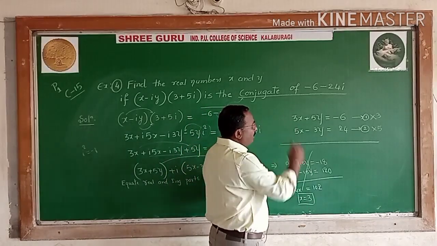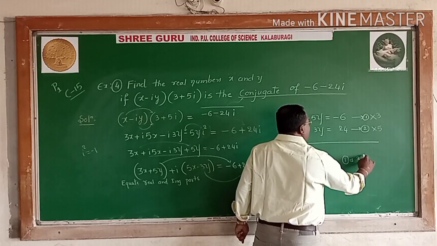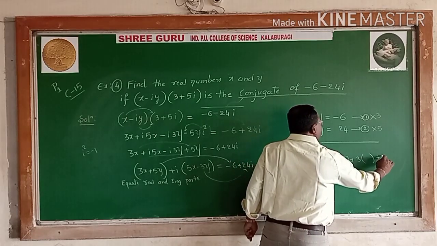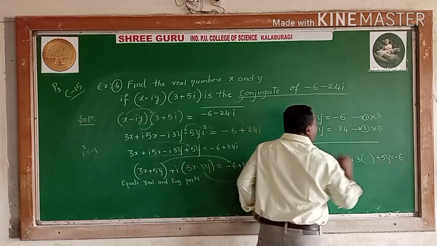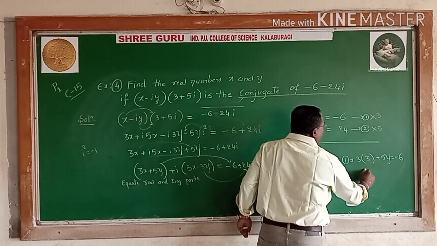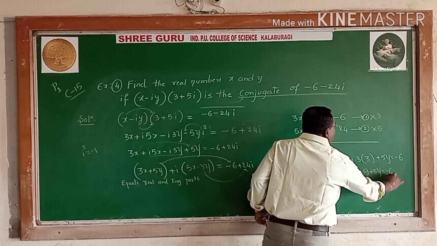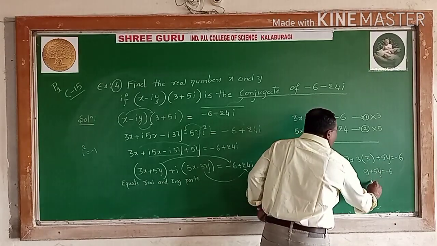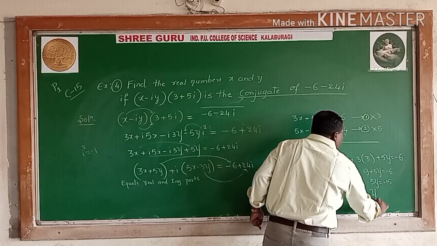Substitute the x value in any one of the equations. Equation 1 implies 3 times x value plus 5y is equal to minus 6. Here x value is 3, 3 3s are 9, 9 plus 5y is equal to minus 6, so 5y is equal to minus 15. The y value is what? Minus 3.